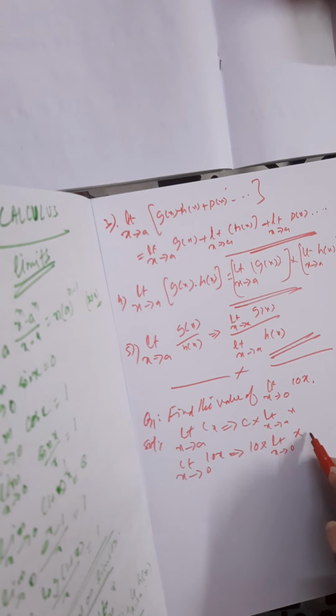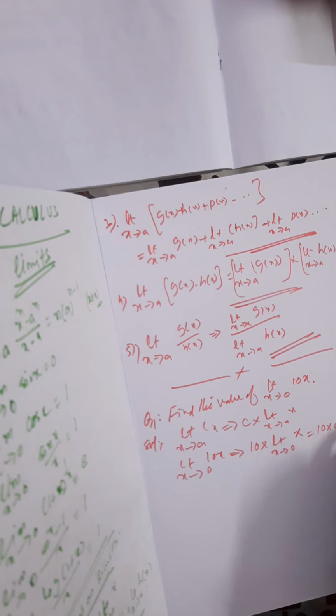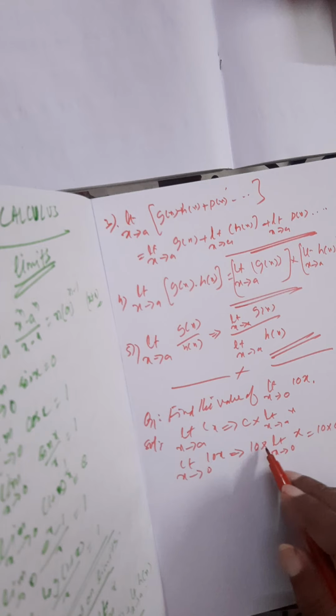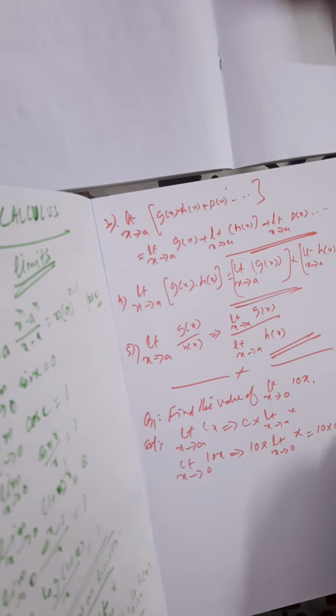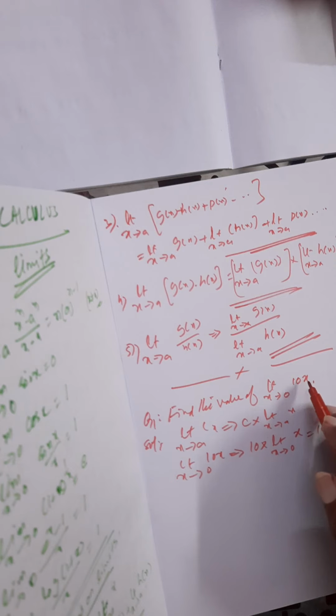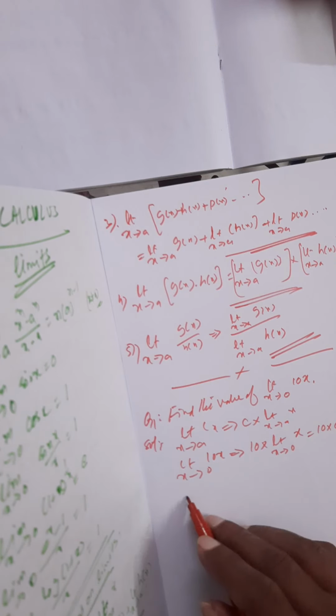Now apply the limit. If you apply, you will get 10 into 0, since x is 0. The constant 10 does not affect the limit. Apply 0 directly, 0 into 10, you will get 0.